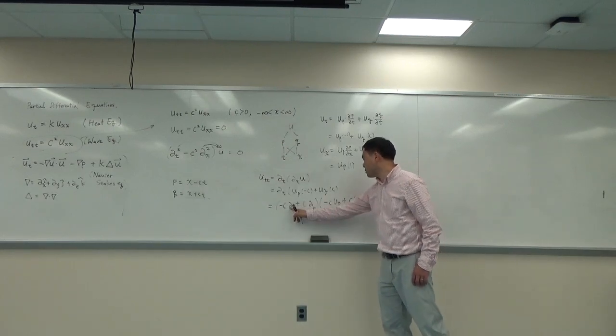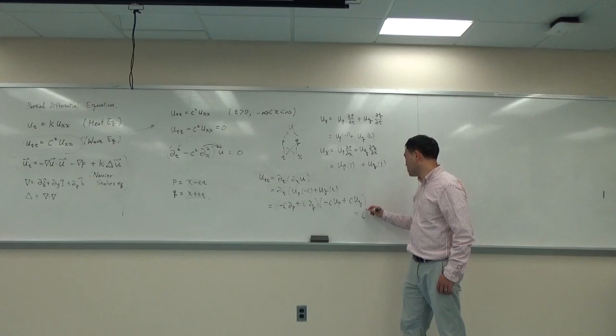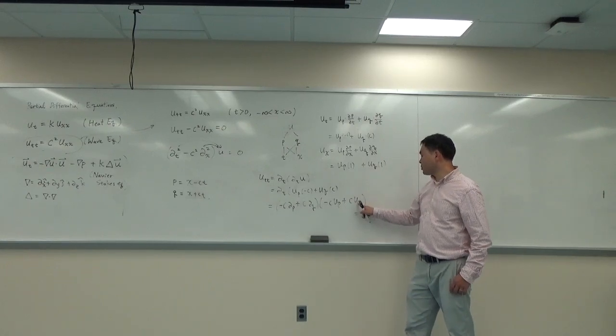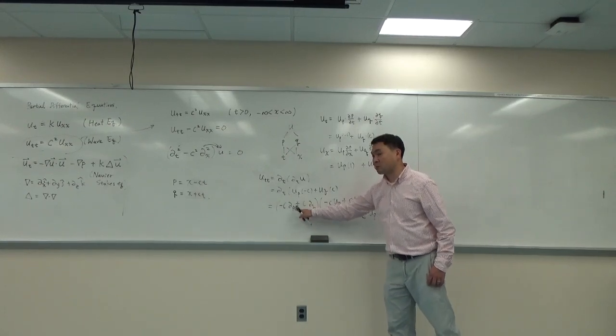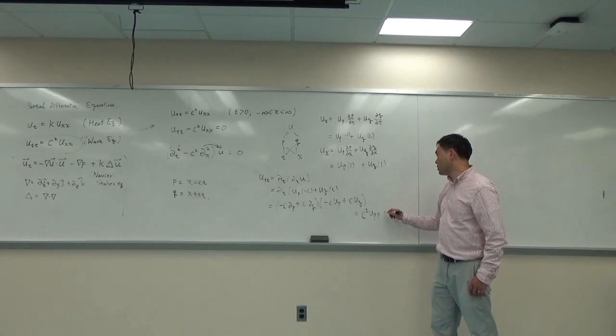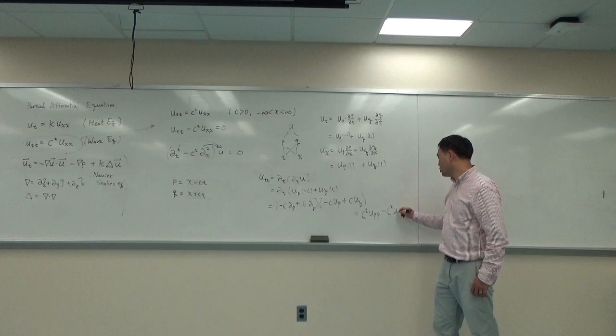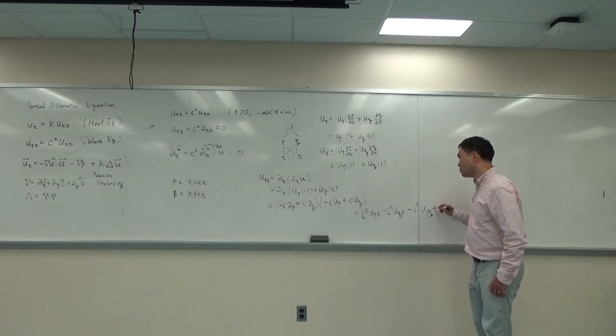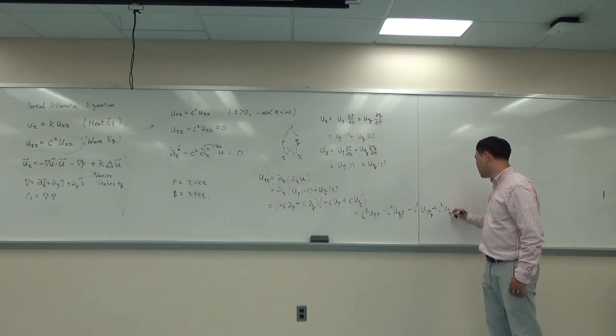And then when this hits this, it's positive C squared UPP. When this hits this, you already have a differentiation by Q, and you're differentiating again by P. So it will be minus C squared UQP. Okay, and then minus C squared UPQ, and then plus C squared UQQ.